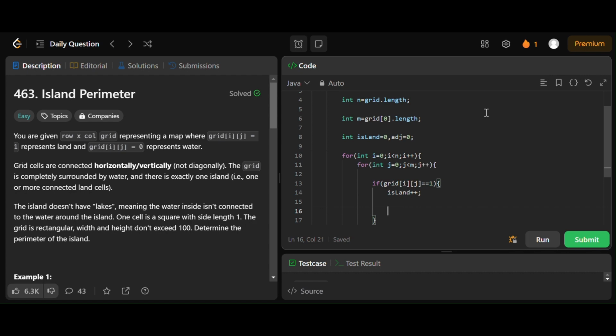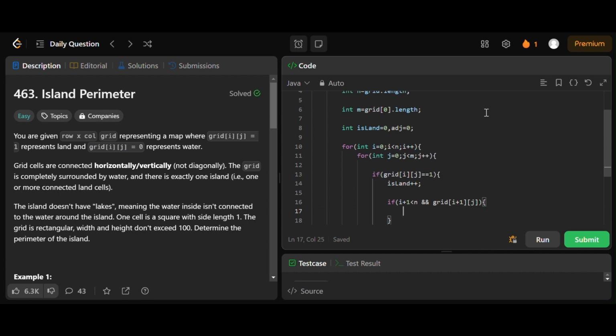I will check the next row, same column, if there is a 1 or not. That means if I see that the next row is not out of bound and the next row in the same column gives me 1, that means this is part of an adjacency.